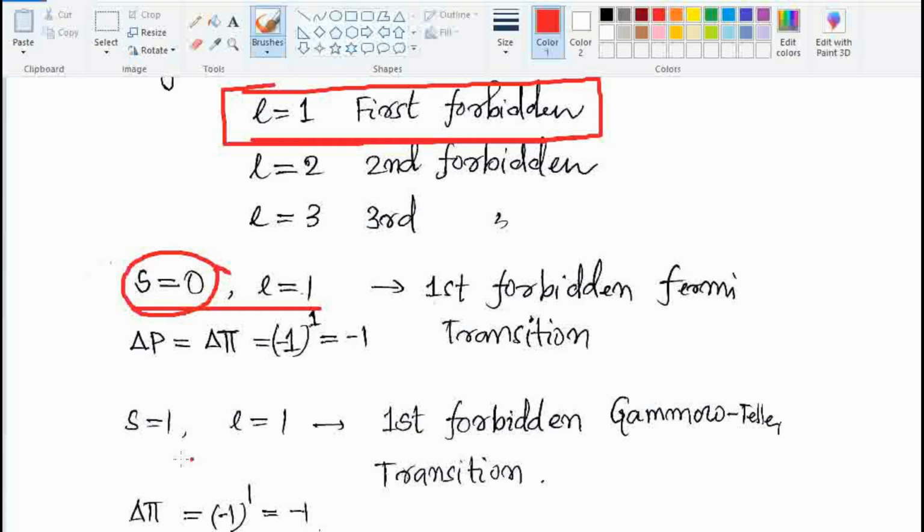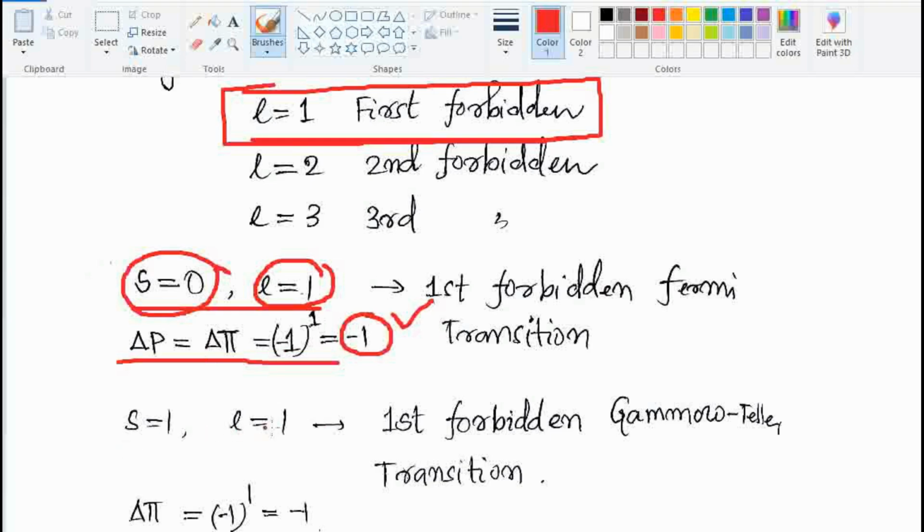And what is the parity change? Parity change equal to (-1) to the power L, depending on the L value. For L equal to 1, (-1)^1 equals -1. Negative parity means there is a change in parity, because here del pi is not equal to 0.